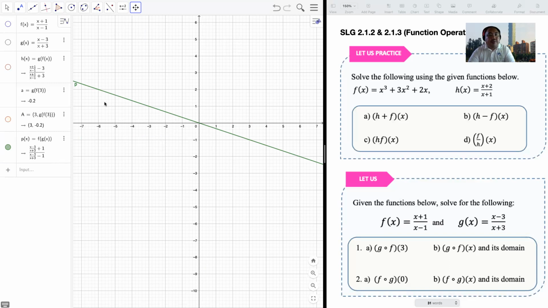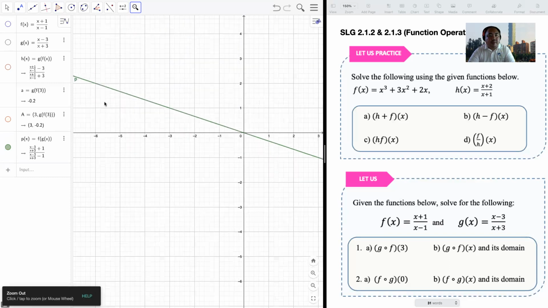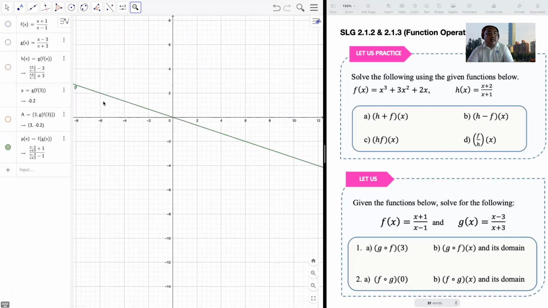You will see here that f of g of x is simply a line. Does this have a value at... You want to find out what is f circle g of 0, so you just have to type f of g of 0. And you will be able to see that f of g of 0 is 0.